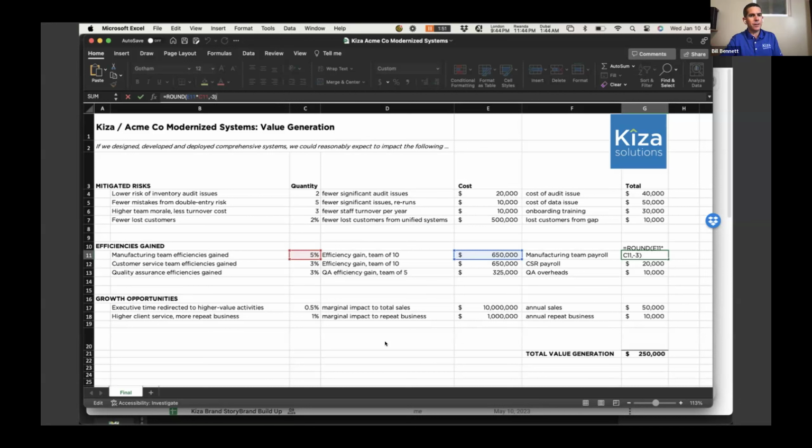In this case, a particular client of ours had a lot of these numbers, and they were already starting to bake this up. So what we were really trying to do was help them put it down on paper. Ultimately, they may come to you with a lot of ideas for cool opportunities: we're going to sell more, we're going to do more. Efficiencies is often a really easy thing to capture right at the outset.